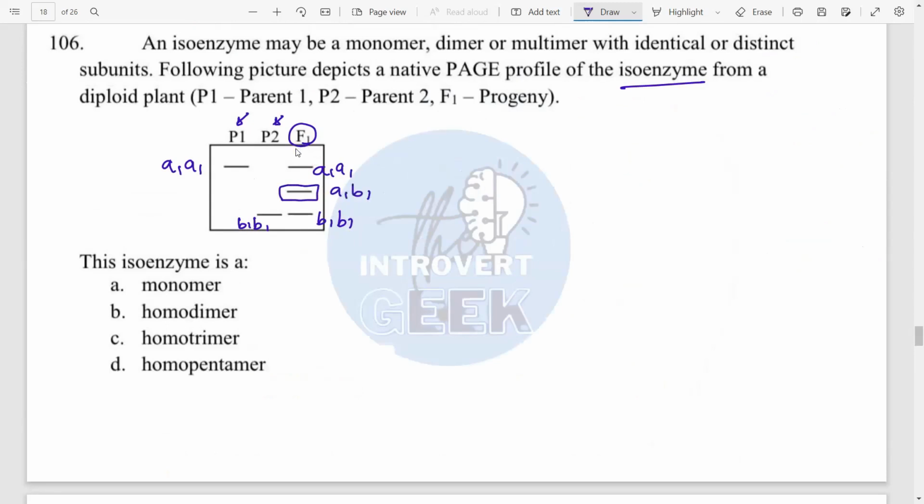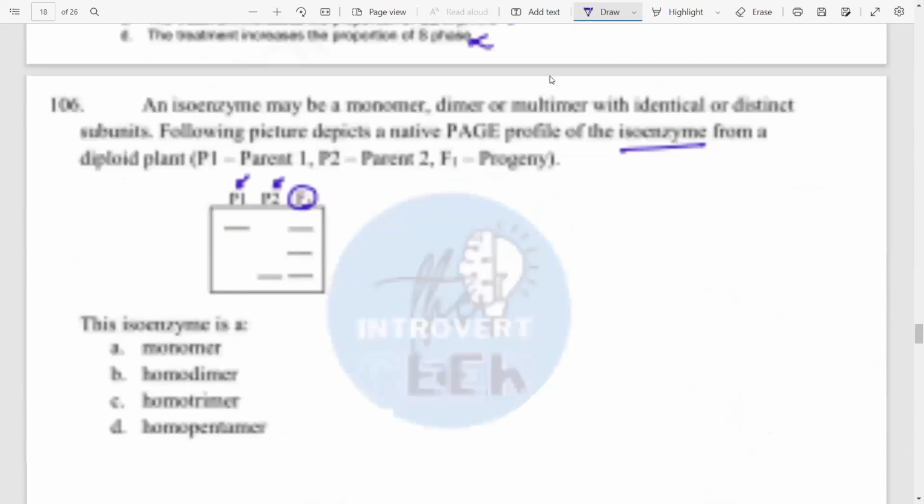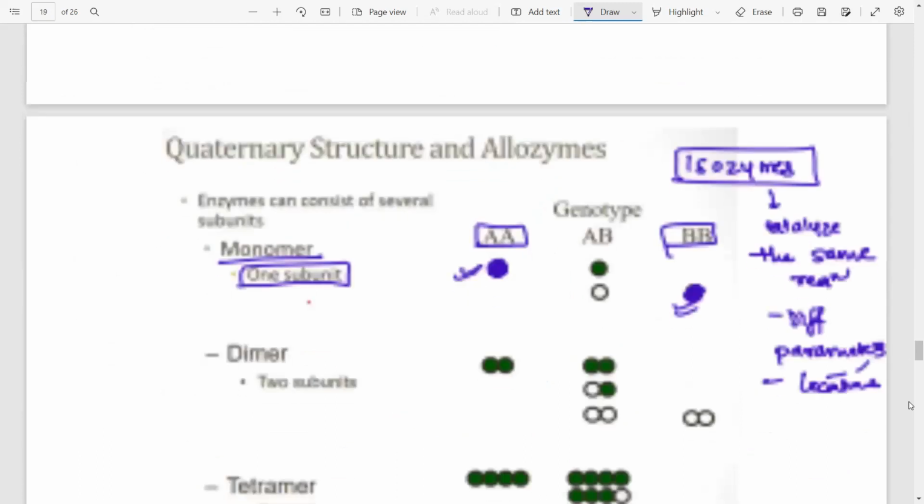So what does this indicate? It indicates that the enzyme is a homodimer, as we did over here. See, there are three bands in the progeny. So it has two subunits, meaning dimer. The homodimer, why? Because here anyways they are running on native PAGE. So just one subunit you will be able to come to know. Okay. So simple as that.